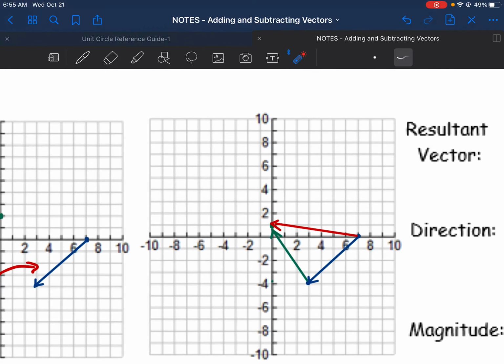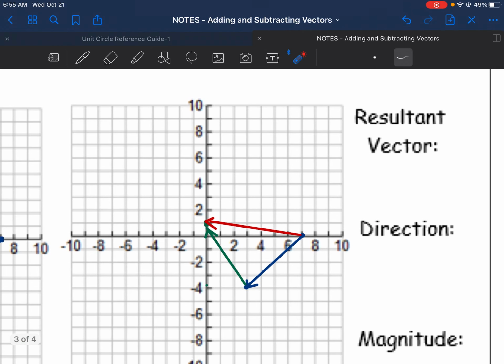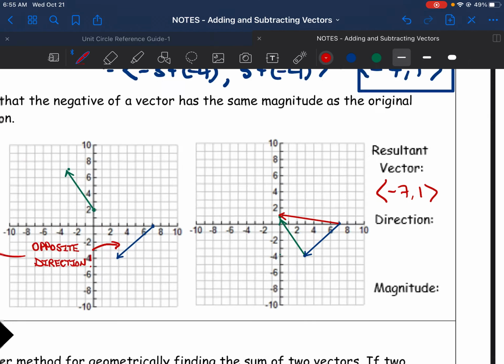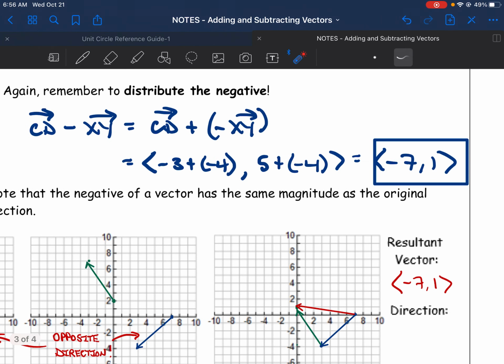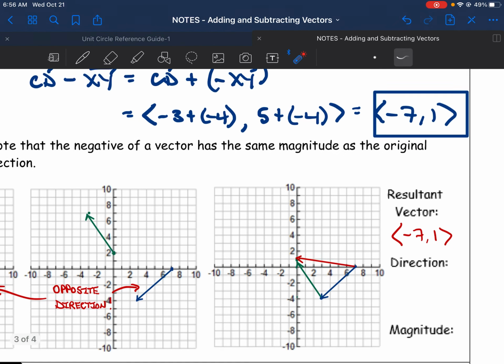And if we count that, notice horizontally, because we're moving in this direction to the left, we're counting -7. But then we're going up 1, which is a positive direction, +1. Okay, so our resultant vector is -7, 1, which is exactly what we got when we subtracted the vectors algebraically.